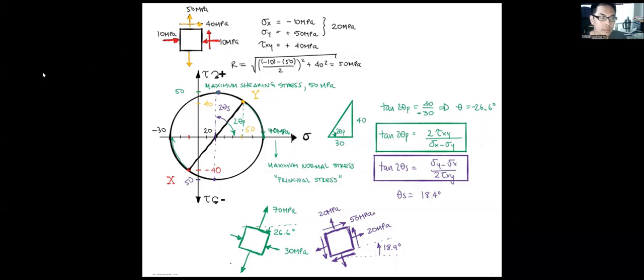Based on the known stress applied to this infinitesimal element, we can get the radius of the Mohr circle from the previous slide: sigma x minus sigma y divided by 2, squared, plus tau xy squared. So the radius equals 50 megapascal.